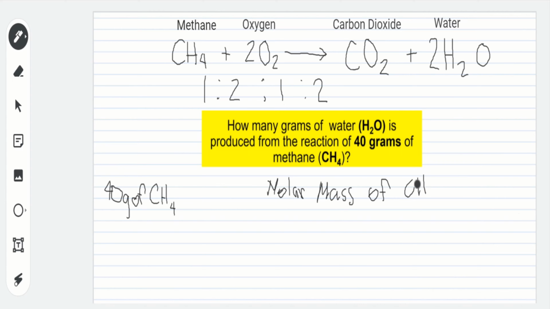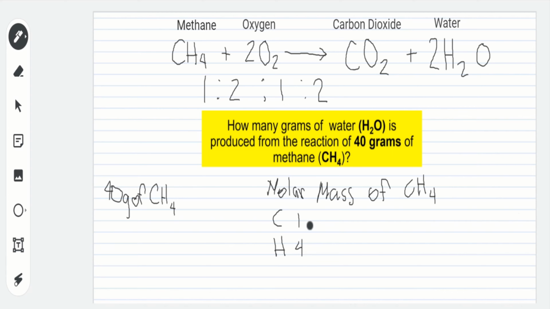So, kukunin natin yung molar mass ng methane para malaman natin na for every 1 mole of methane, ilan yung molar mass. So, isulat muna natin yung mga element that compose methane, and then yung kanilang subscript. For carbon, meron dyang 1, pero hindi na nakasulat. Sa hydrogen naman, meron tayong 4.